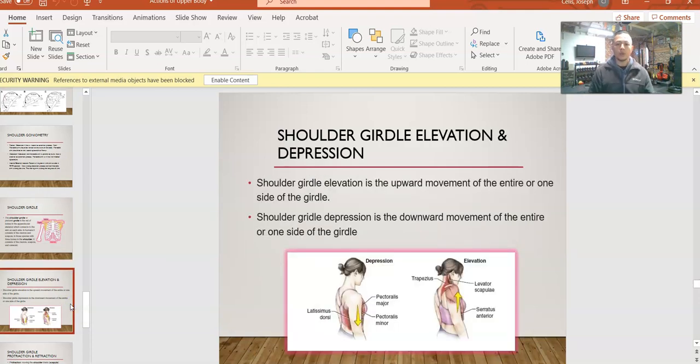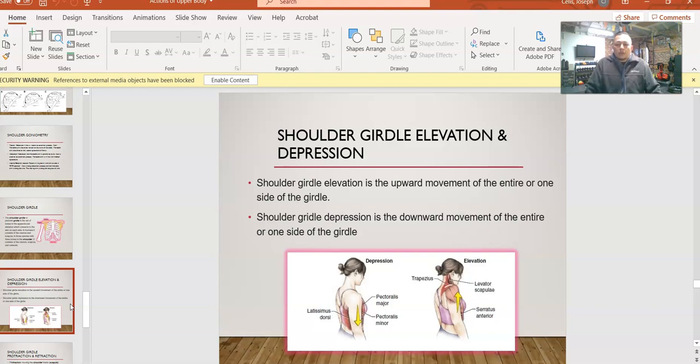First one, we have elevation. Let's take a look at the shoulder girdle movements. Shoulder girdle elevation. Watch my shoulder girdle move.